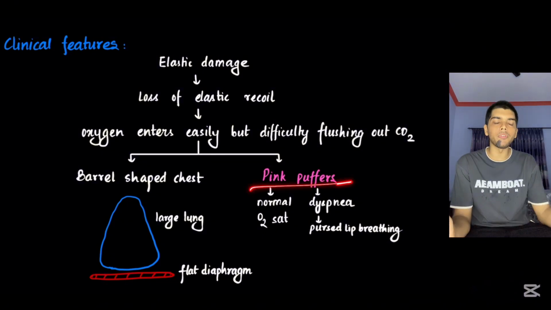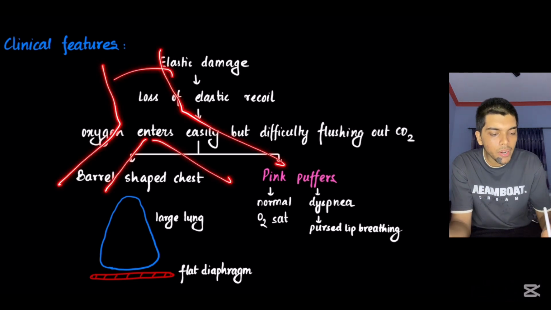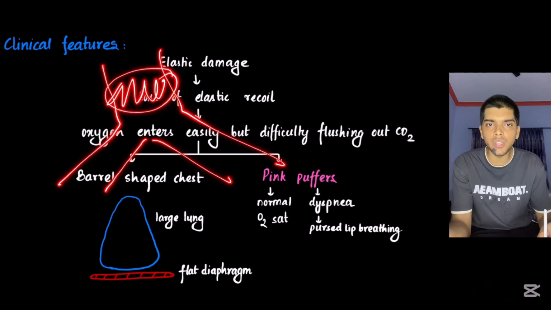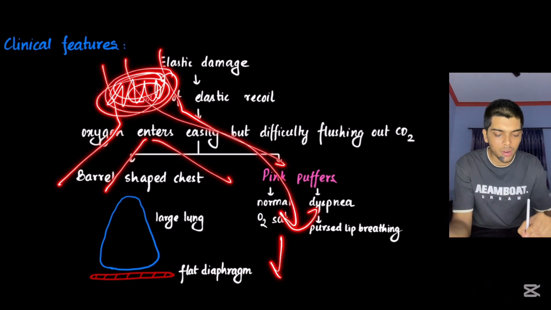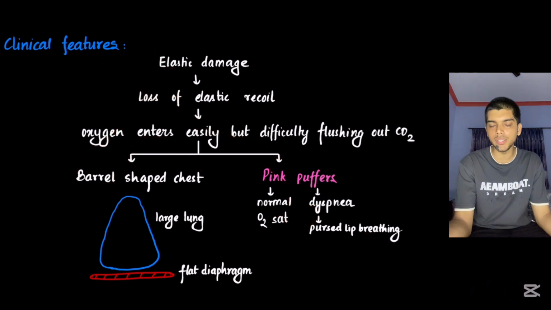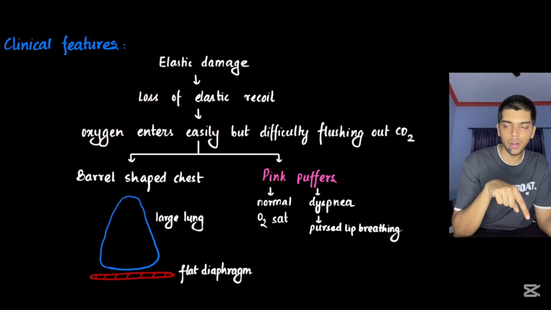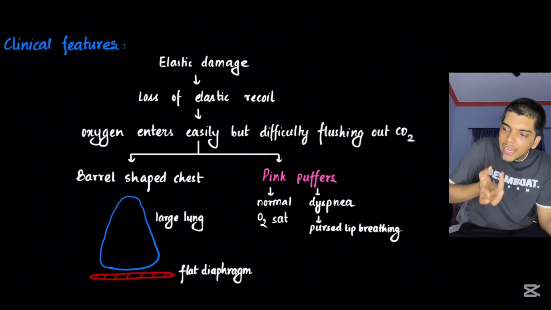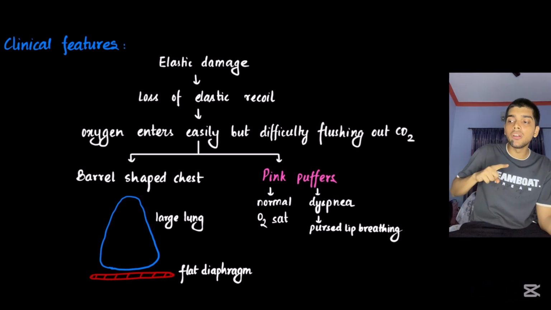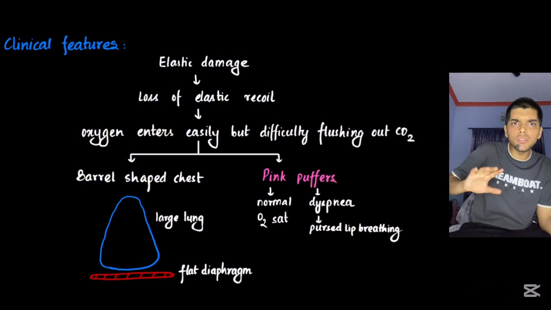Second, pink puffer. See, normally during chronic obstructive pulmonary disease, due to obstruction, what would you expect? Reduced oxygen in blood, leading to hypoxia, eventually leading to cyanosis. But in early emphysema, as I said earlier, the person is able to take in oxygen easily, but not able to flush out carbon dioxide. That means the amount of oxygen in the blood is okay.